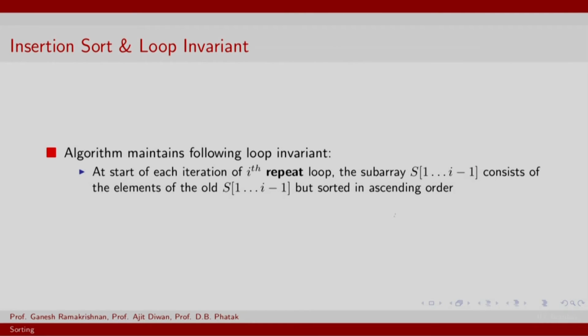So correctness first, and here is a claim for correctness. We discussed in terms of a loop invariant. At the start of each iteration of the ith repeat loop, the subarray S ranging from 1 to I minus 1 consists of elements of the old S 1 to I minus 1 but sorted in ascending order. This is what mimics the priority queue.